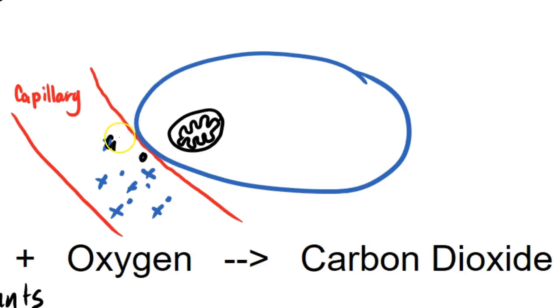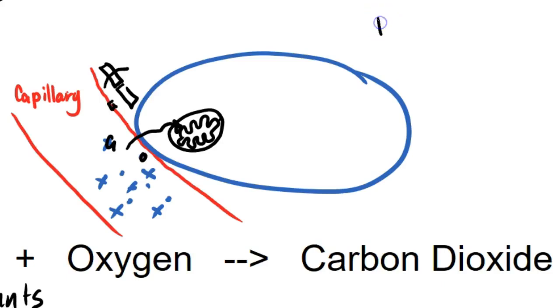Now, glucose and oxygen have to get across our capillary walls here. These walls are like 1 cell thick, and they've got to get across those walls into the cell, and then from the cell, they have to get into the mitochondria, which is where this reaction happens. Now, that movement is dependent on a few things.